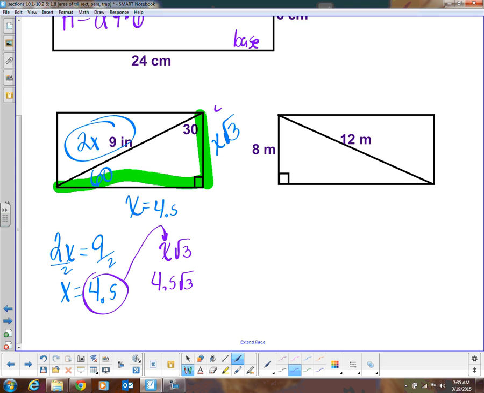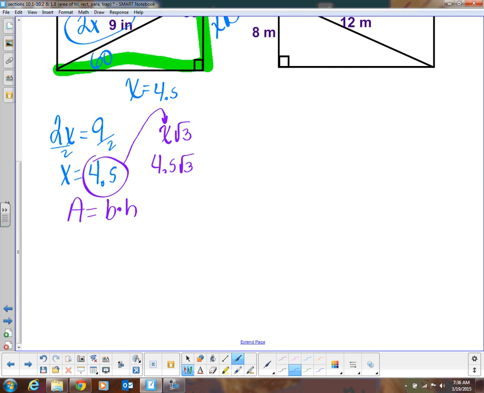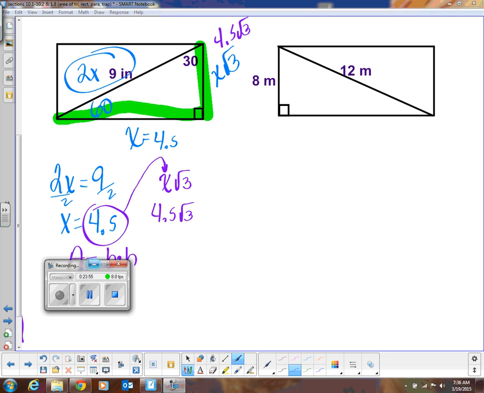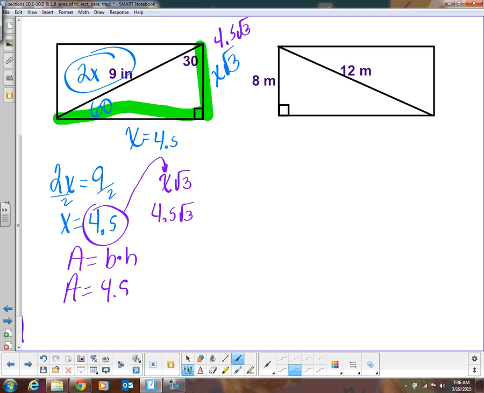So this side is 4.5 square root of 3. So how are we going to find the area of this figure? Area equals base times height. What's the base? 4.5. So area equals, am I still recording or did I stop it? I'm still recording. Equals 4.5 times what? 4.5 square root of 3.